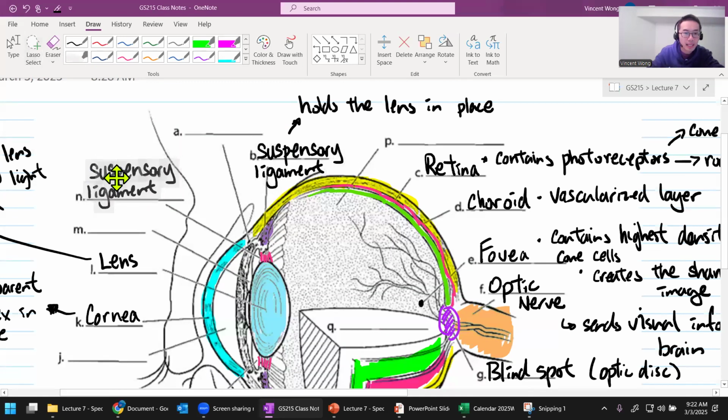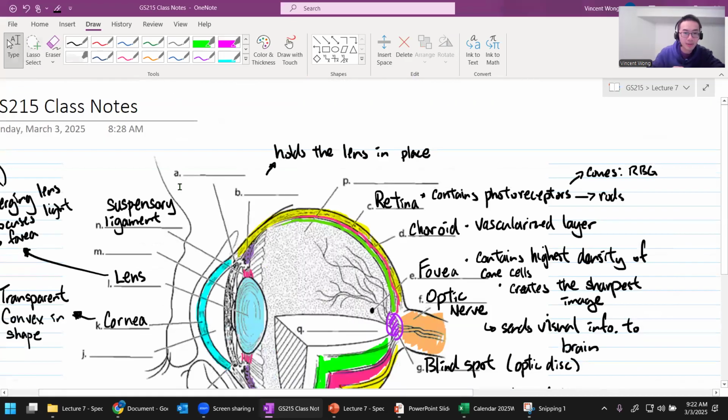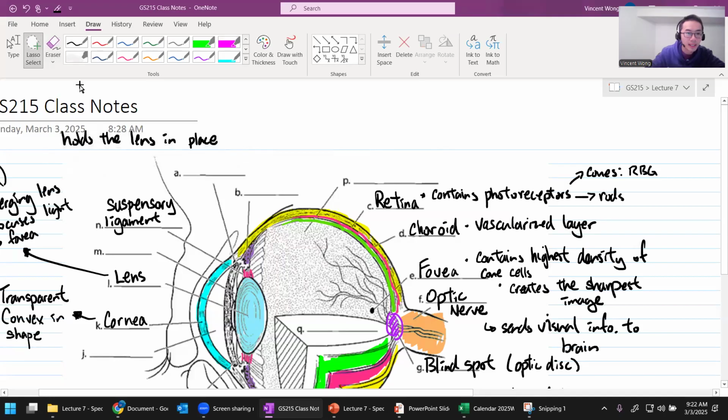I guess the key point is, don't memorize the letters, but remember what they are pointing at right here. That's the suspensory ligaments right there. Holds the lens in place. And then B is actually pointing at the muscles right here.